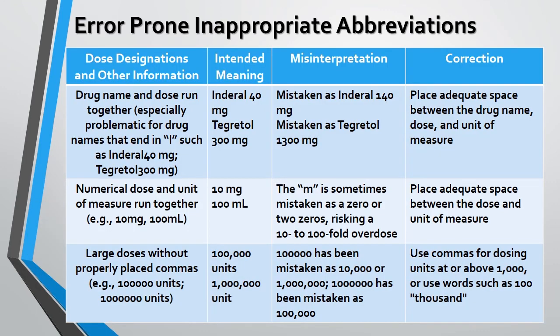The drug name followed by dose run together will be problematic. For example, drug names that end with an L, such as Inderal 40 mg or Tegretol 300 mg, can be misinterpreted as Inderal 140 mg or Tegretol 1300 mg, so the correction should be made by placing adequate space between the drug name, dose, and the unit of measure.